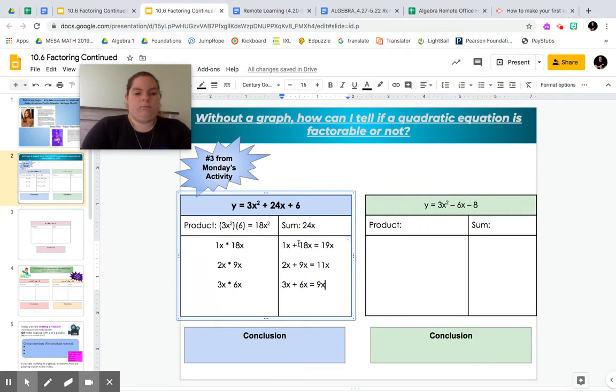And none of them equal 24x. No matter how much I try, none of these numbers are going to work.